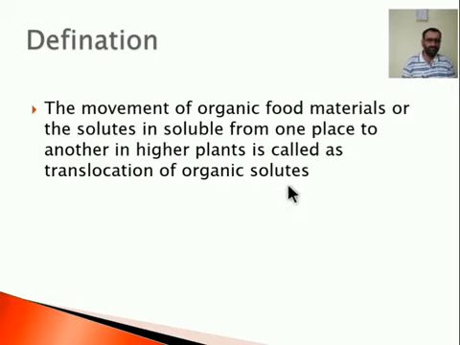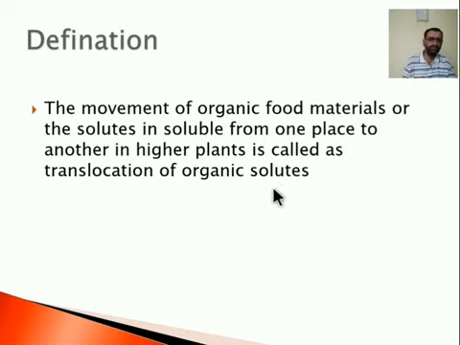In higher plants, photosynthesis takes place predominantly in the mesophyll tissue of the leaves and sometimes in the green cells of young stem. The photosynthetic material, that is nothing but the organic food material, is required by all living cells of the non-photosynthetic parts for various purposes.